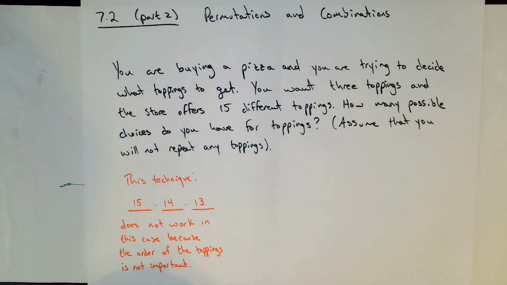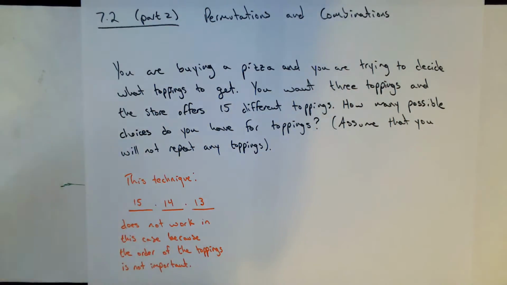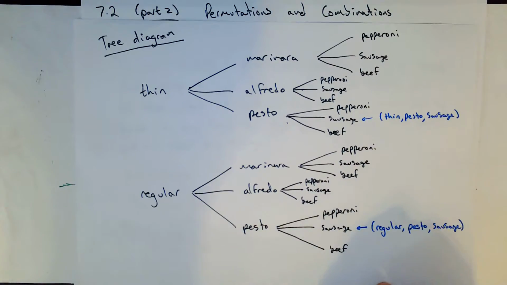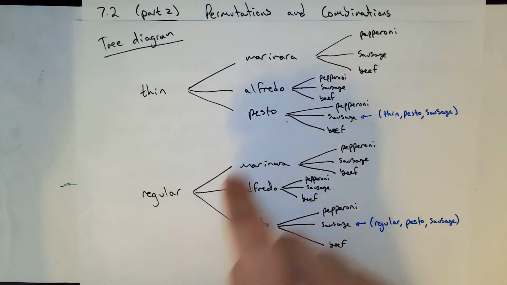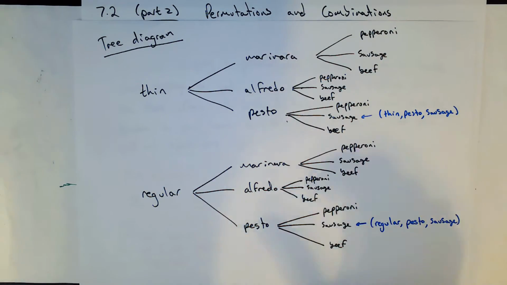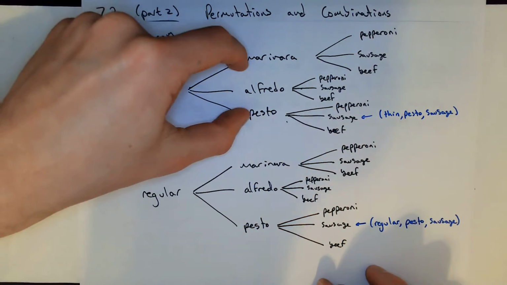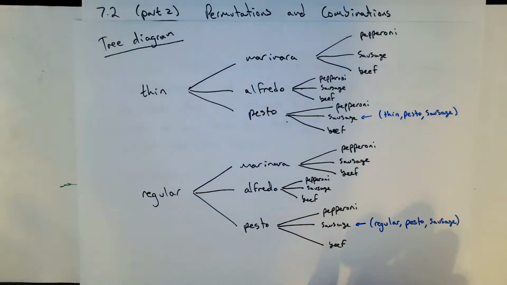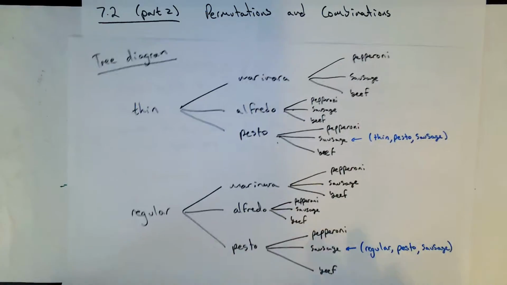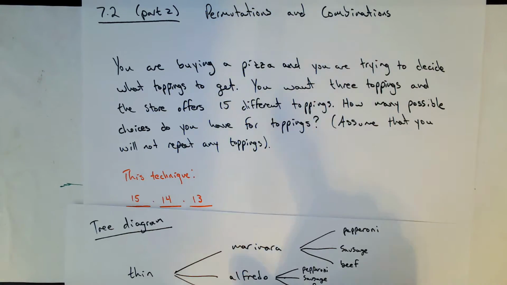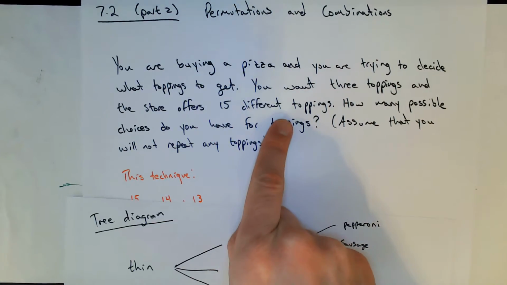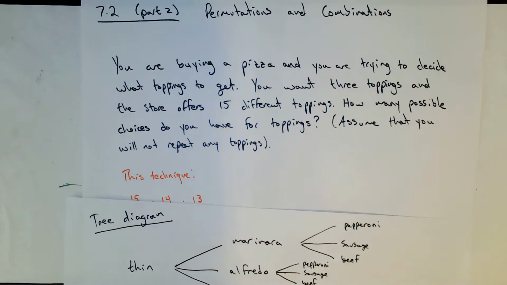Well, one of the differences is that in this problem, each of these categories is really its own category, like type of crust, type of sauce, and type of toppings, whereas here I'm talking about one single category. It's much larger, 15 toppings.